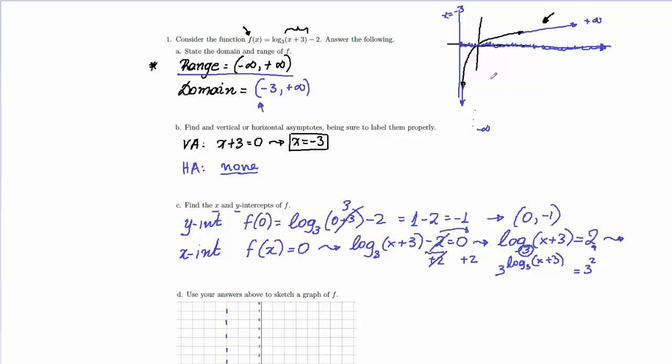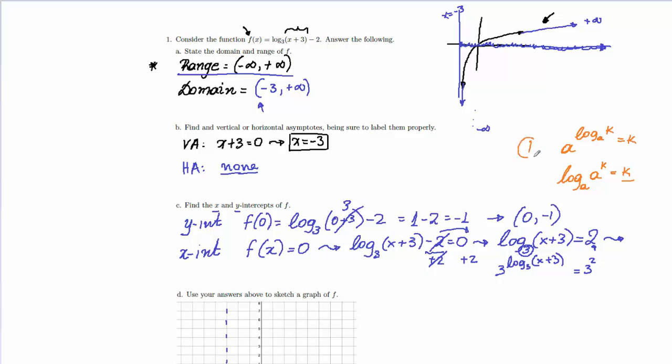But remember that I can use the properties of logarithms. The properties of logarithms tell me that if I have a log with base a of a to the k, this is nothing else than just k. And also, if I have a to the log with base a of k, this is also equal to k.